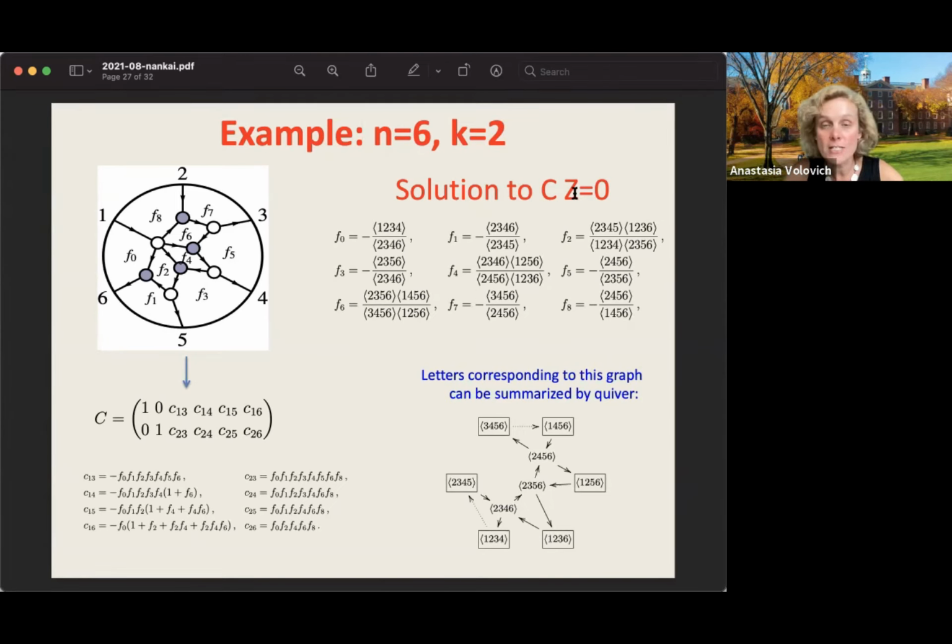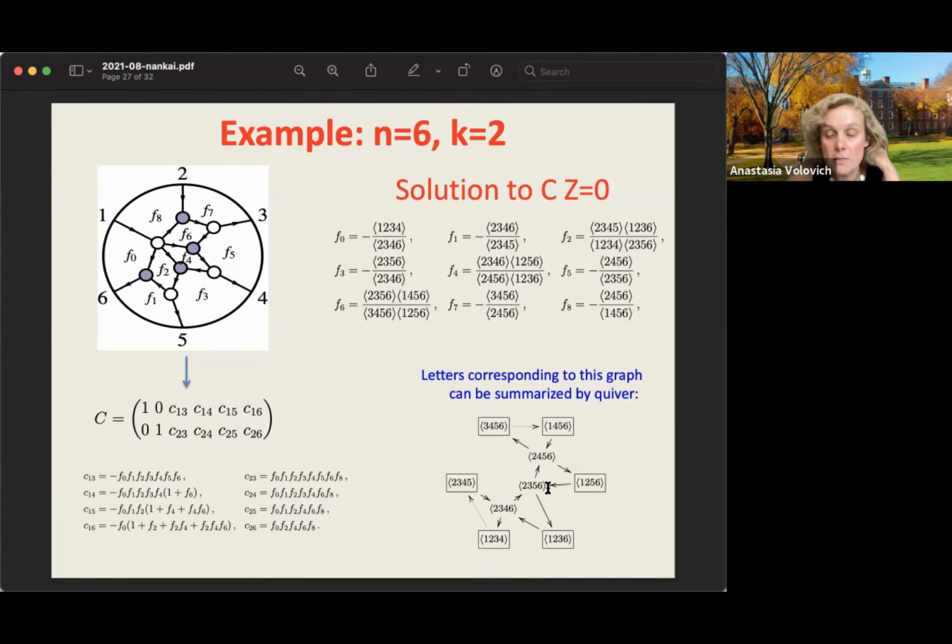All these brackets are built from the Z's, and we ask what the possible brackets are that appear. Indeed, what we get as an output is exactly the 15 letters that appear in the symbol alphabet. For this particular graph, that's the solution we get. This is a very simple example, and it can be summarized by the following quiver.